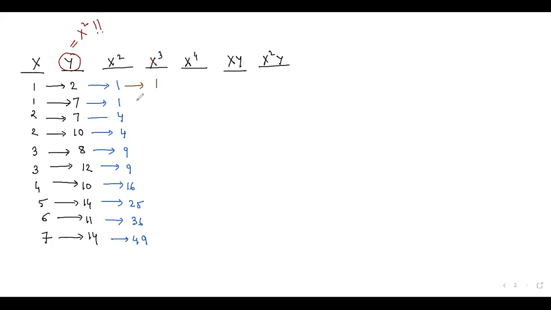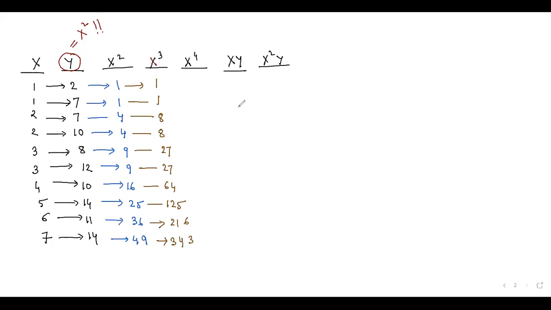So we have 1, 1, 8, 8, 27, 27, 64, 125, 216, isn't it? And that is 343.